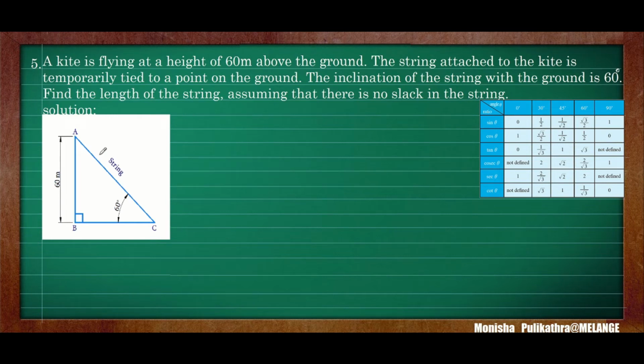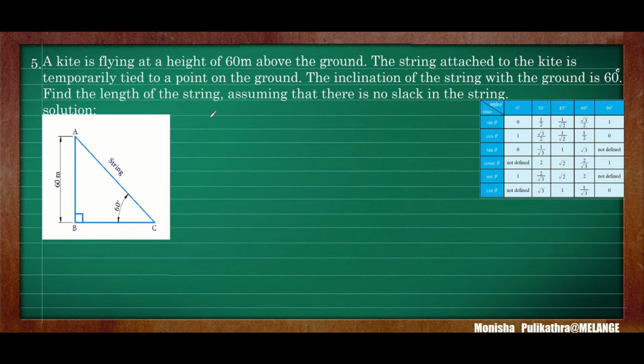So here consider it as triangle ABC. So this will become opposite side and this will be hypotenuse. Since opposite side is given and we need to find out the hypotenuse side, opposite by hypotenuse is sine theta.